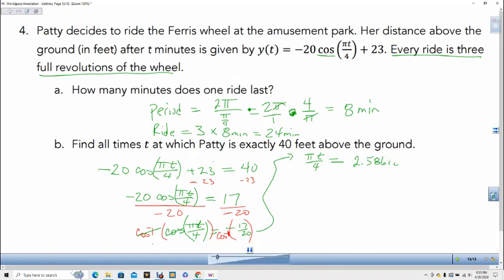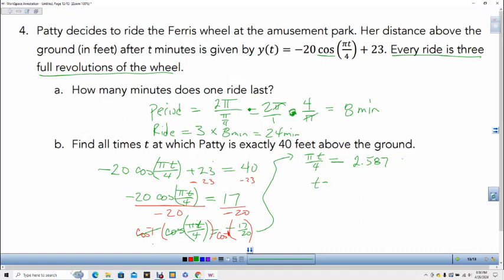Now, to keep this easy, we're going to go ahead and round this to 3 decimal places. So 2.587, and that's going to be what pi t over 4 is. Well, we're looking for t. We're not looking for pi t over 4. So we're going to multiply both sides by 4, divide both sides by pi.